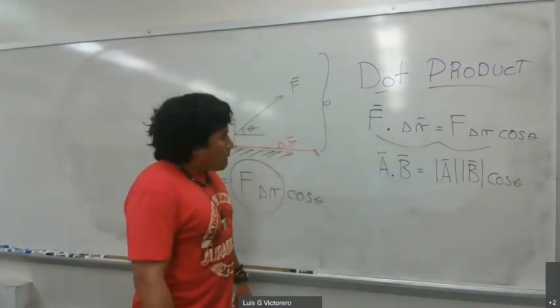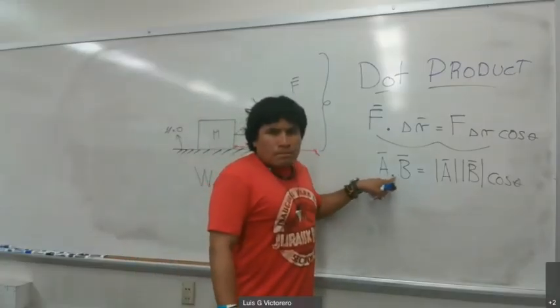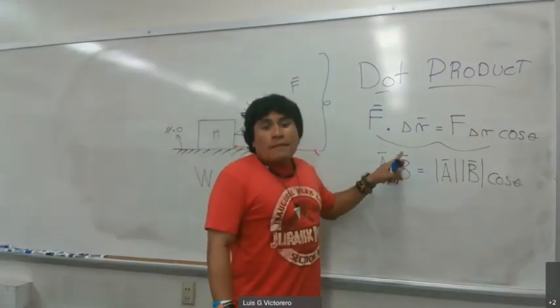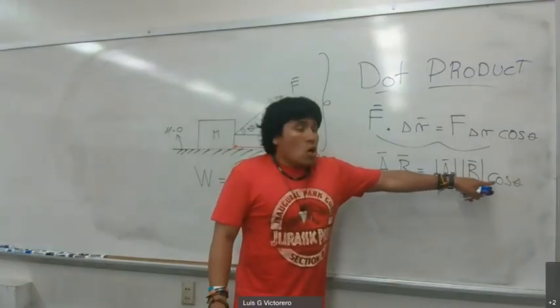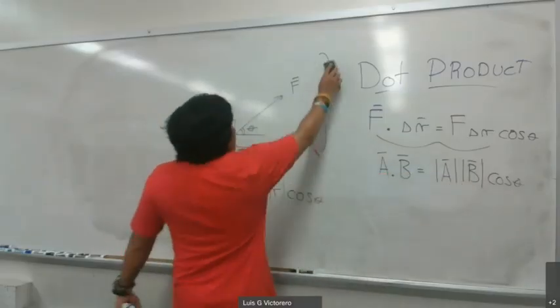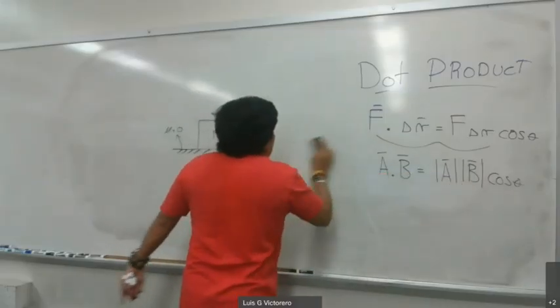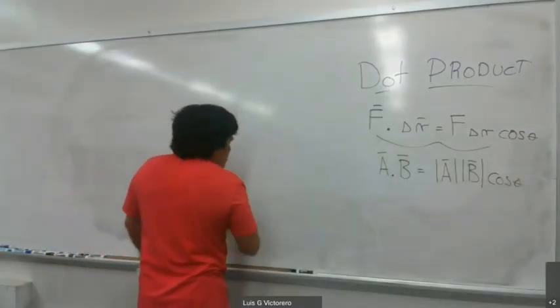Remember that A dot B is a dot product. The magnitudes are this and this, which are positive. Cosine theta, however, can be negative. How? Cosine theta can be negative if you have this.